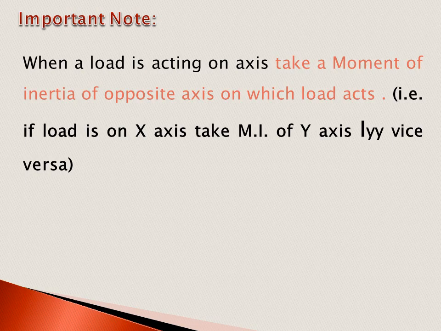If the load is on the y-axis, we take the moment of inertia about the x-axis. This is for the column, with load or eccentric load acting on the column.